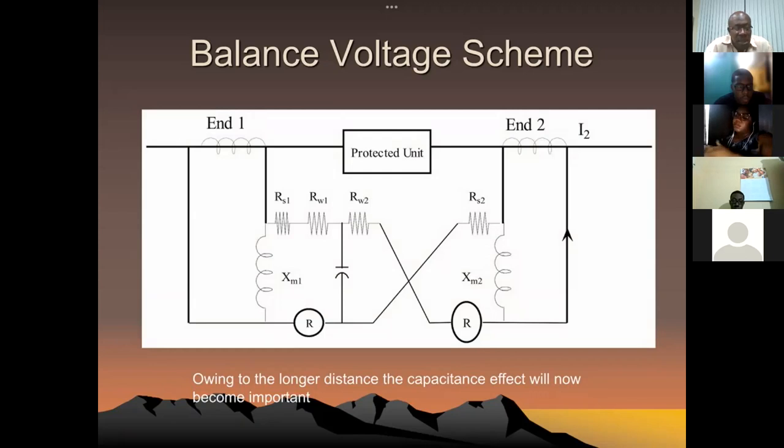And if you note, the CTs in terms of breakout look quite similar to the circulating current method.